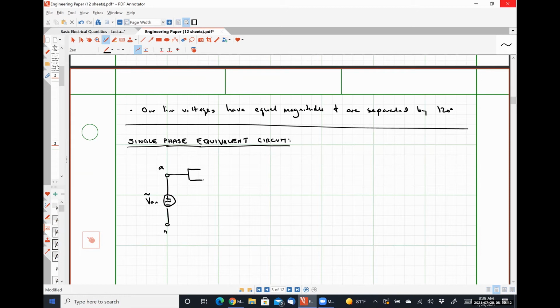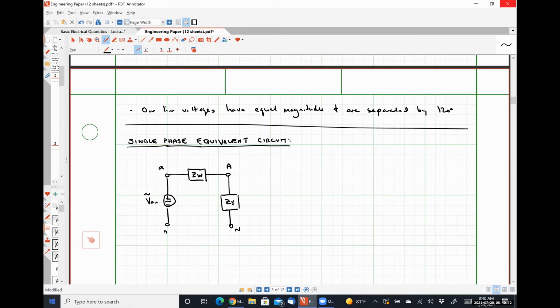Between transmission line terminal lowercase a and uppercase A, I have my transmission line impedance ZW. And between transmission line terminal A, capital A, and transmission line terminal capital N, I have my impedance ZY.